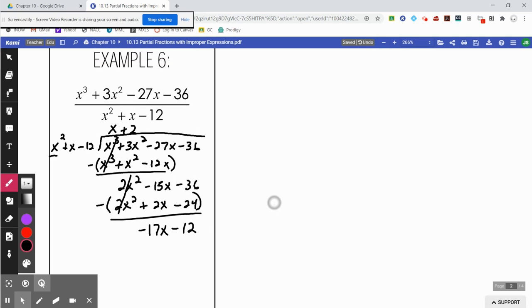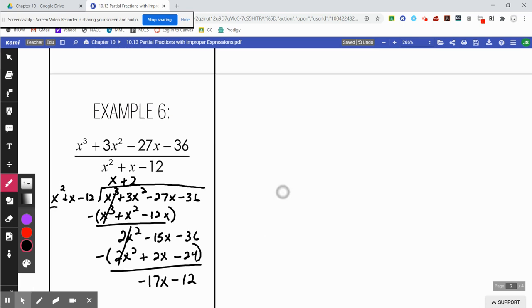So therefore, our answer has now turned into, well, actually, we've divided this, and we got x plus 2, plus our remainder, which was negative 17x minus 12 over what we divided by, which is x squared plus x minus 12. Now, again, we're done here, but we're going to decompose this proper fraction. We pretty much turned that improper fraction now into a proper fraction.